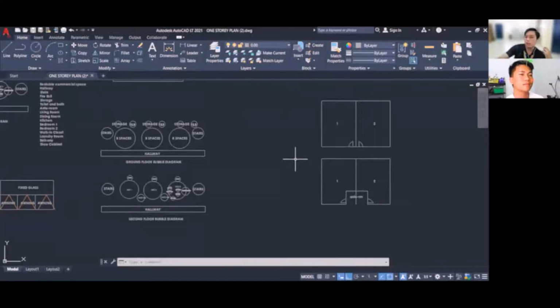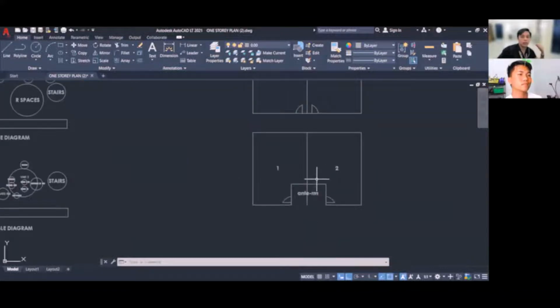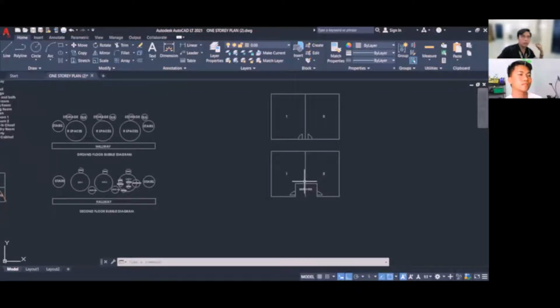Anteroom, usually ginagamit lang siya sa mga units ng apartment. So anteroom kasi, it's like a private passageway for residential units like this one. So hindi siguro ang term na dapat mong ginamit doon, or space na ginamit mo doon para i-seclude yung mga users, is dapat siguro hindi anteroom eh.